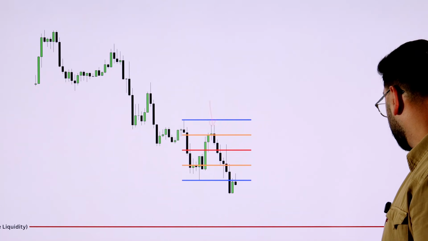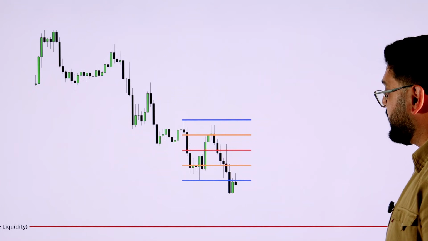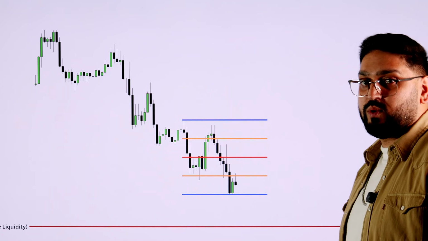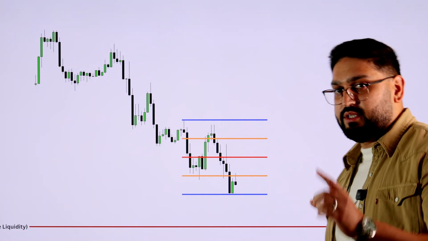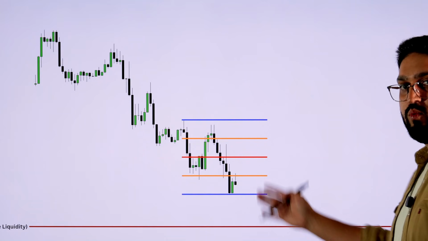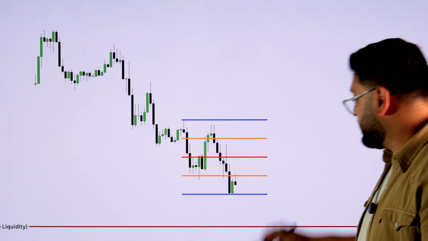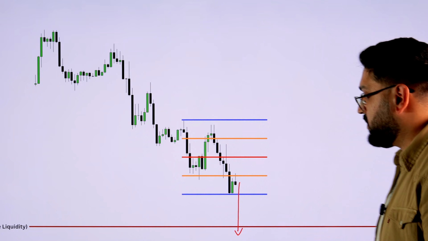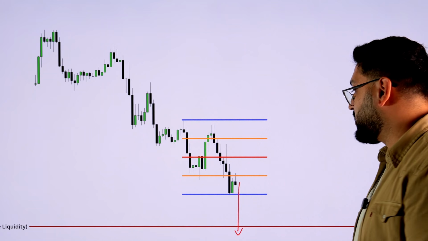No. So all we do here is we extend the dealing range lower, keeping that swing high intact. Now, this is where it gets interesting. From where we can currently see market price to the distance between our sell side liquidity pool, we're in very much close proximity here.